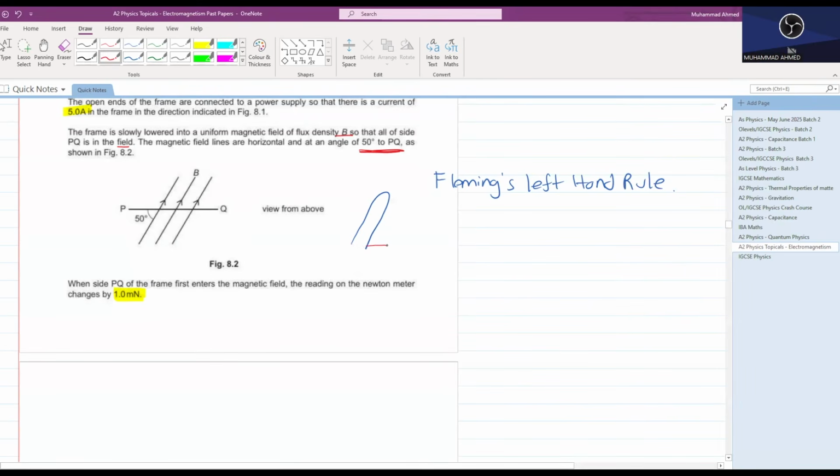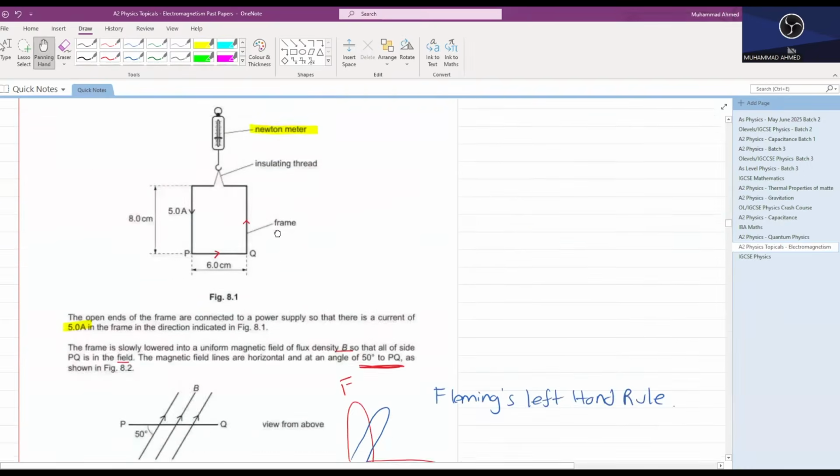Your current will point towards the right. Your magnetic field is inward, current is towards the right. Where will your force point? Your force will point upward. If your force is pointing upward, this change in reading will be a decrease.